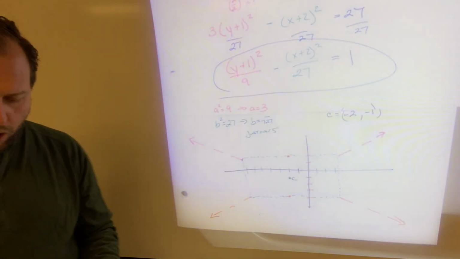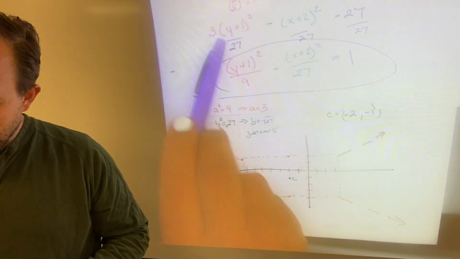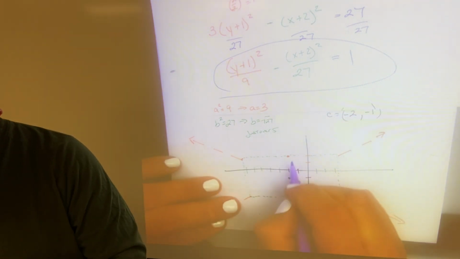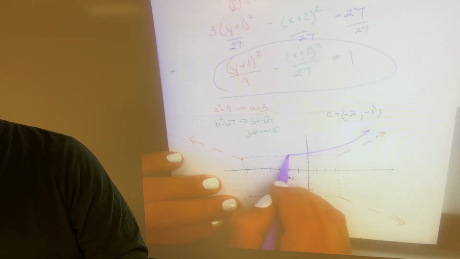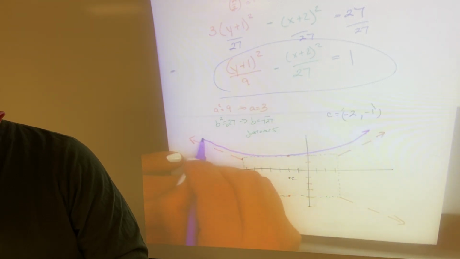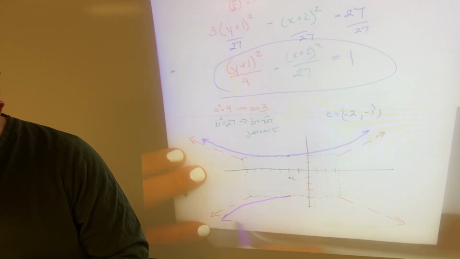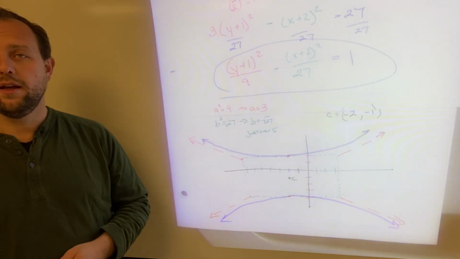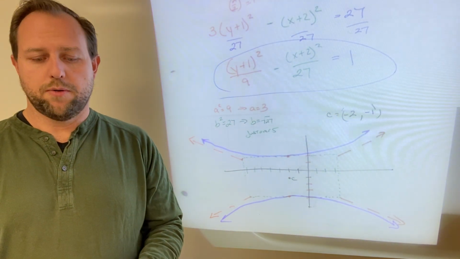And it's opening wide, remember, because y was the positive, so it is opening up and down, which means it looks like this. So another wide one opening up and down. They're not all wide opening up and down. It just happens that these two examples were. Okay, and there is our hyperbola.